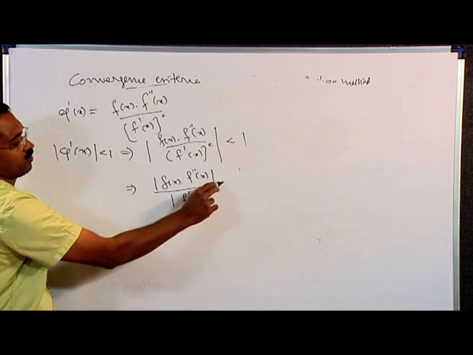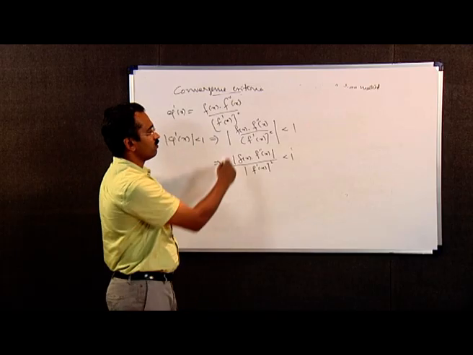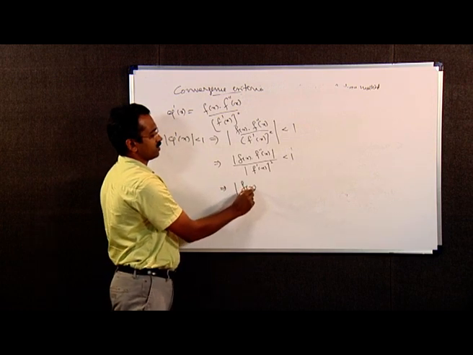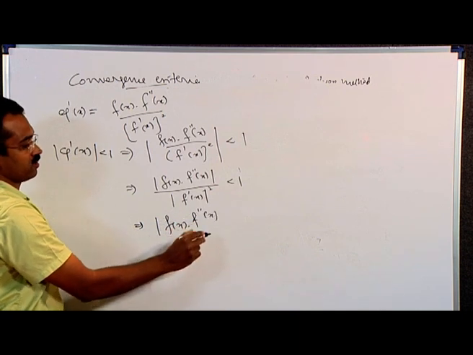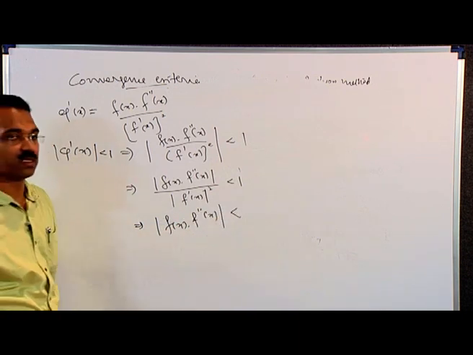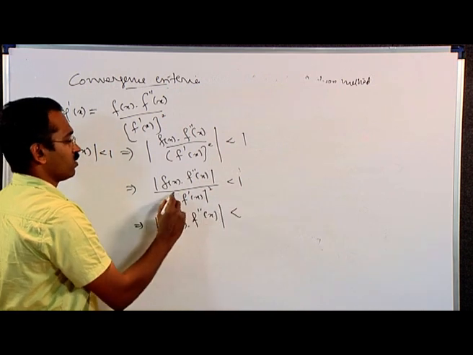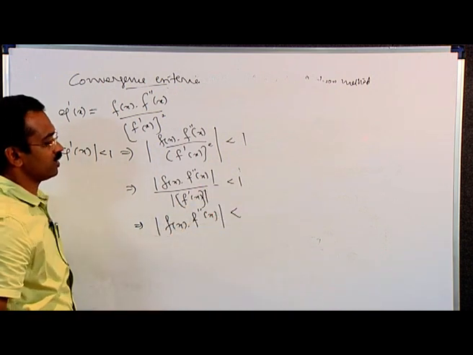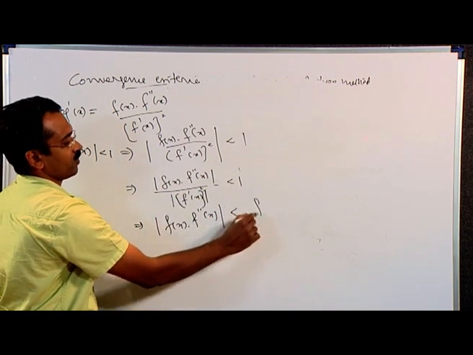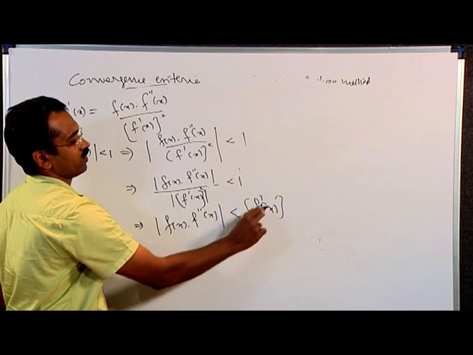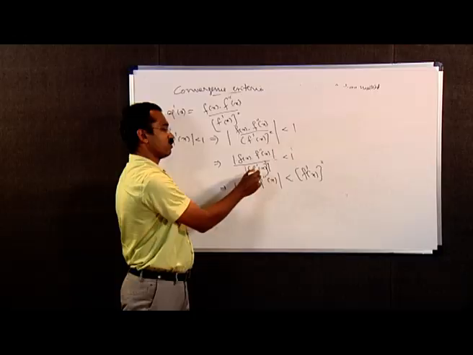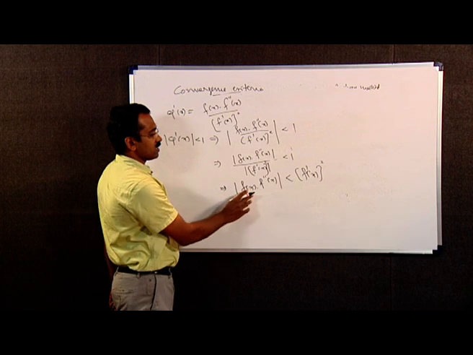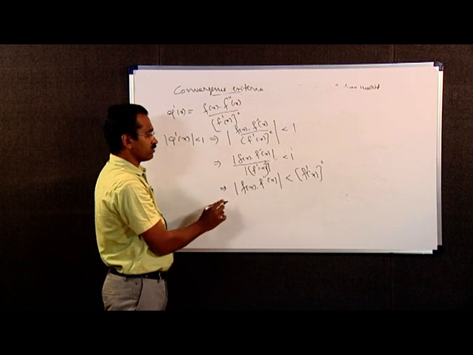By the property of modulus, we can split like this. This implies modulus of f of x into f double dash of x is strictly less than modulus of f dash of x square. That is f dash of x square, this is a square, therefore modulus is f dash of x square itself. This is the convergence criteria for Newton-Raphson method.